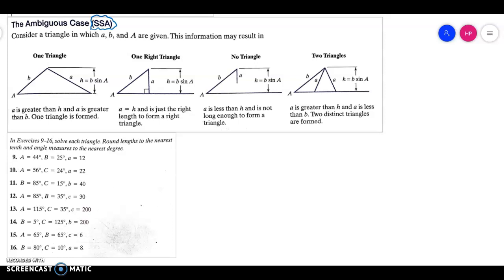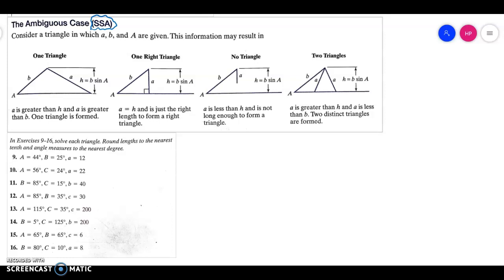It could be too short where it doesn't work and we have no triangle, or it can be a side that can kind of hinge left or right, and we can create 2 triangles from it. So this is why it didn't work as a shortcut, because we couldn't guarantee that it created one unique triangle so that we knew that it was congruent to the given triangle.